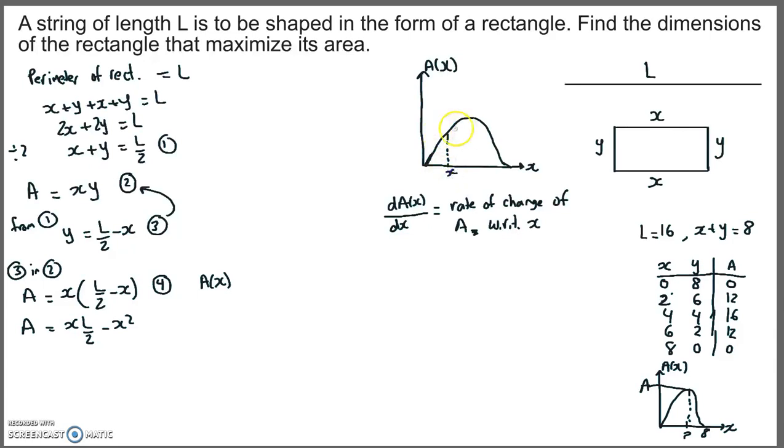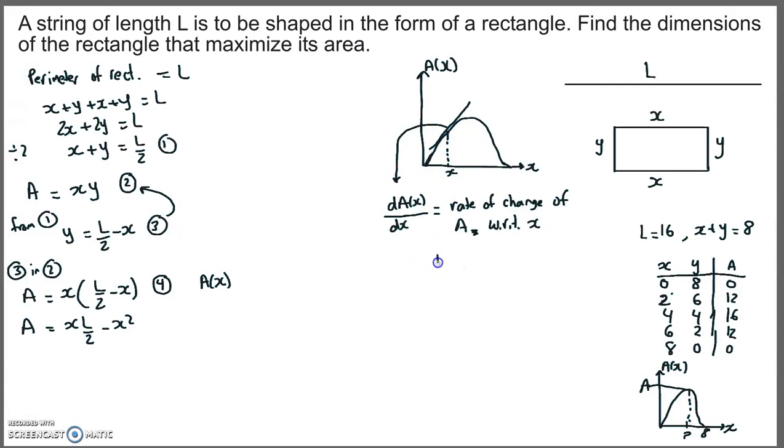So if this is x, then dy by dx is the slope of this line.